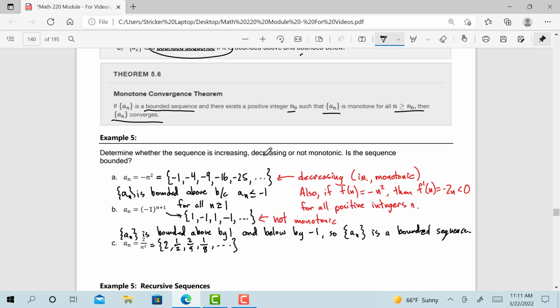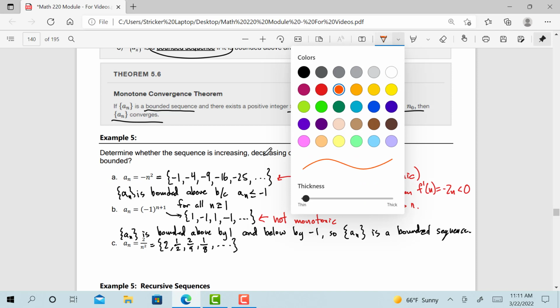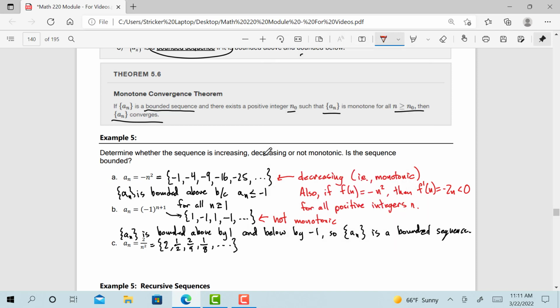And does it appear that this sequence is increasing or decreasing? Well, it sure looks like it's decreasing, right? Those terms are getting smaller. But again, we could also verify that. If we let some function represent 2 over n squared, which remember is going to be 2n to the -2, then what's the derivative?